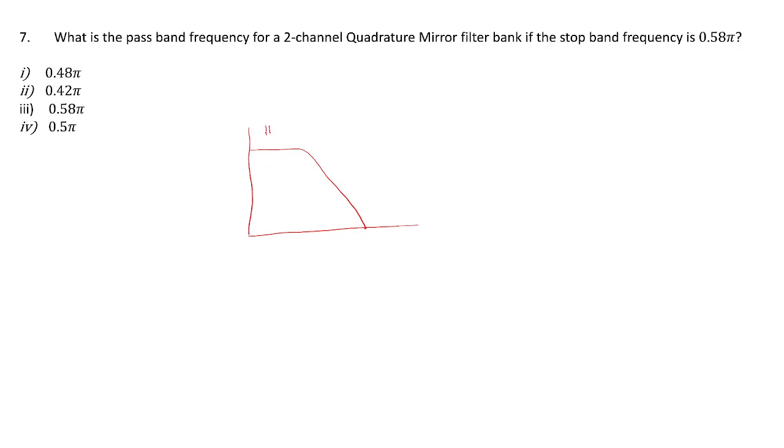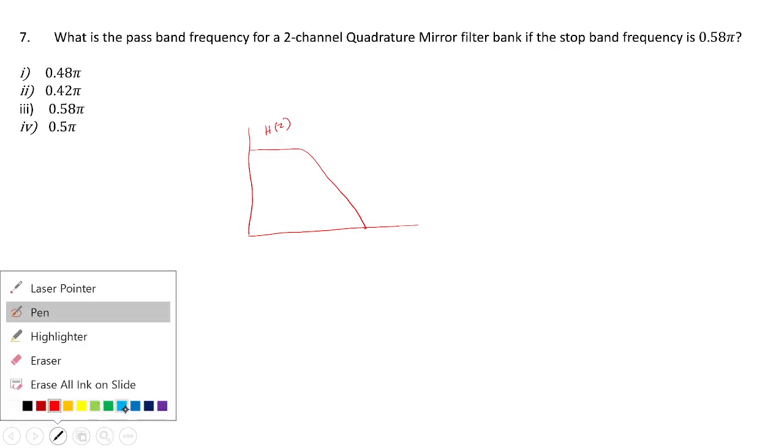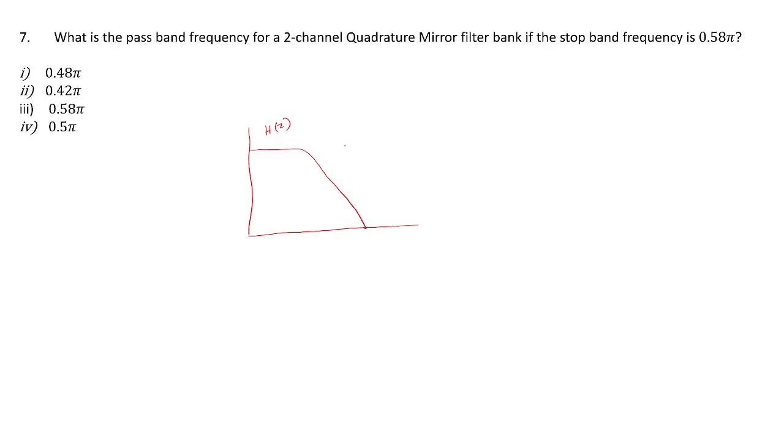Let us denote it as h of z. Let me draw the other one in a different color. And this should be a straight line. Forgive my drawing. 0 to pi.